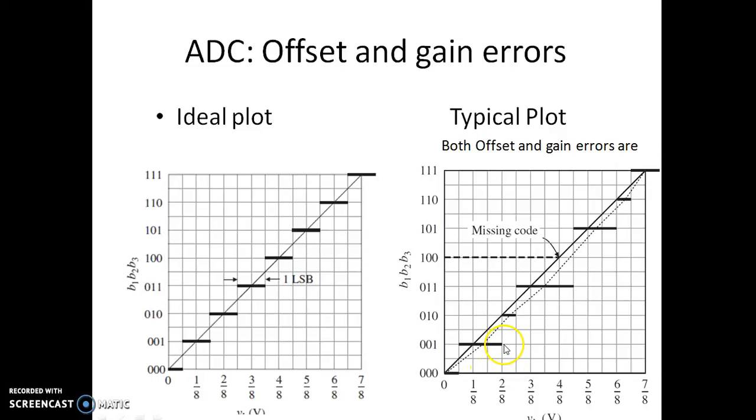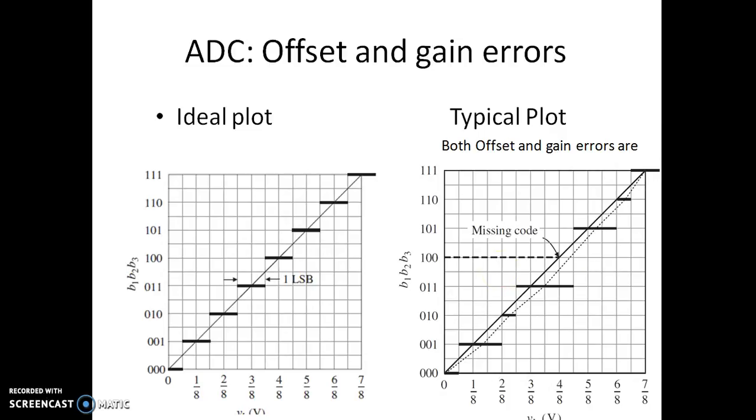Since the transition is not happening at odd times the half LSB, there is a deviation from the ideal plot. This is what the typical output voltage plot looks like.